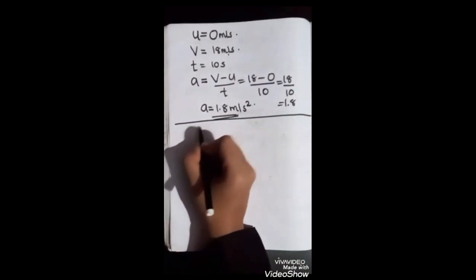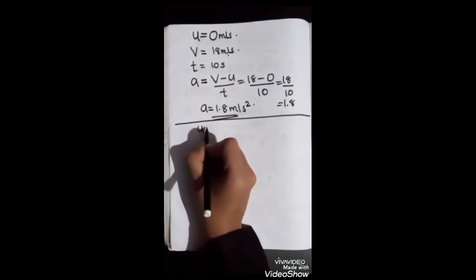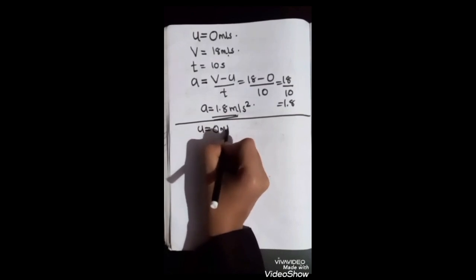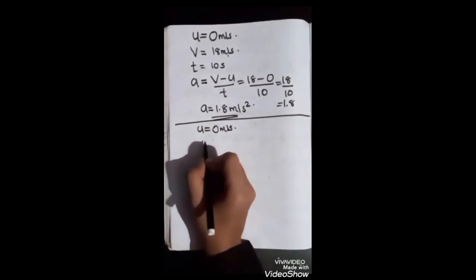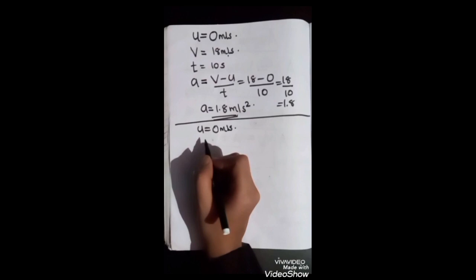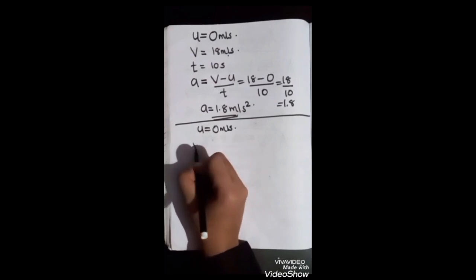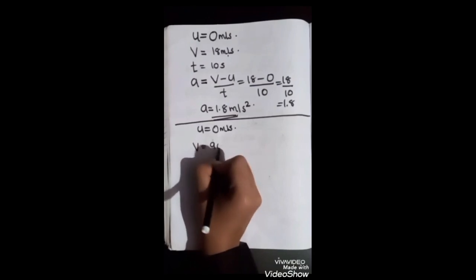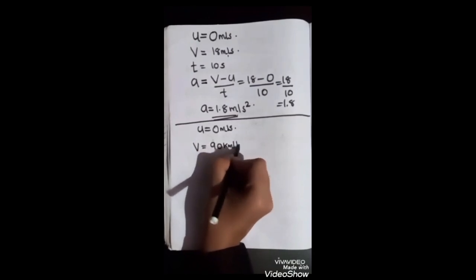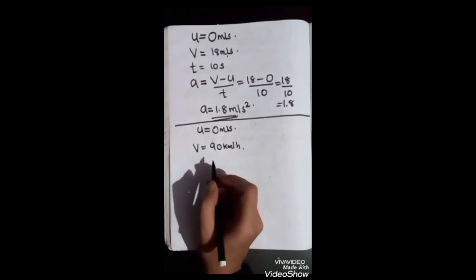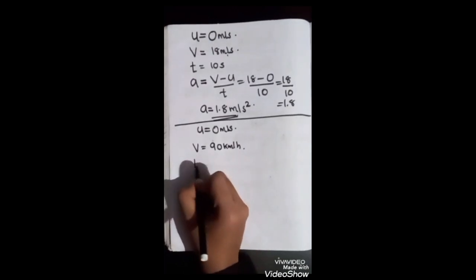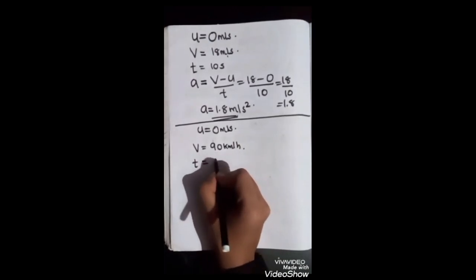That means initial velocity u is equal to 0 meter per second. Then it attains a speed of 90 km per hour, that is, v is equal to 90 km per hour. Then the time is given as 5 minutes.